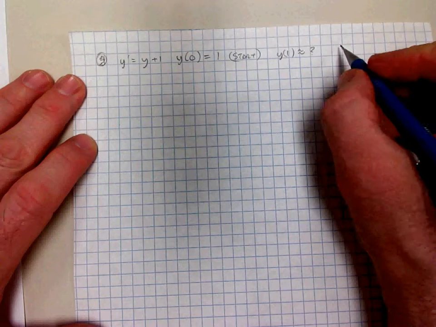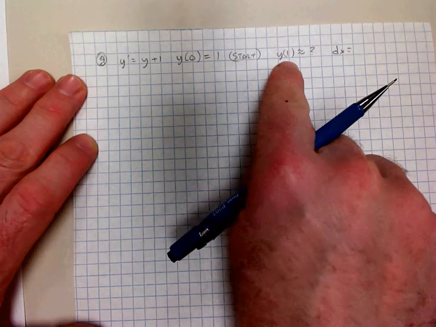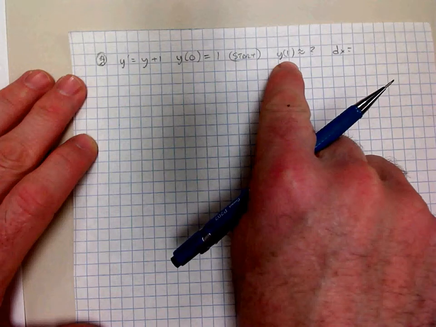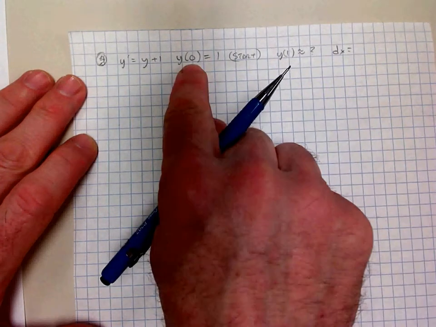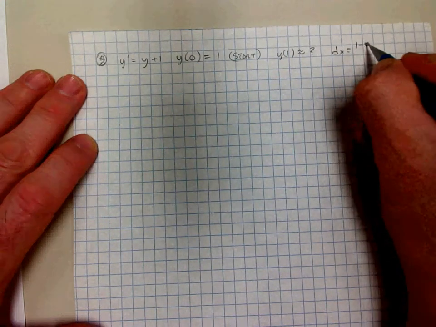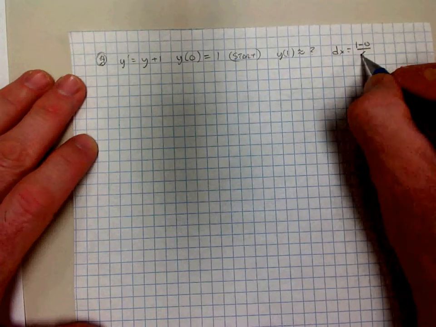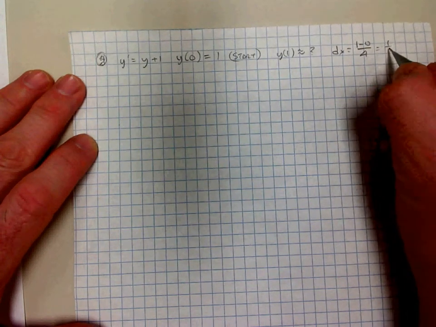Dx, remember, will be the value of x that we're looking to predict at, minus the initial one, which is pretty simple math here, 1 minus 0. And if you look again on the notes, it said, let's do this in 4 steps. So our dx is going to be 1/4. Same thing we had last time.